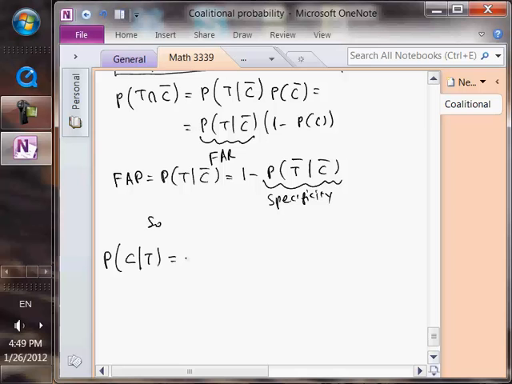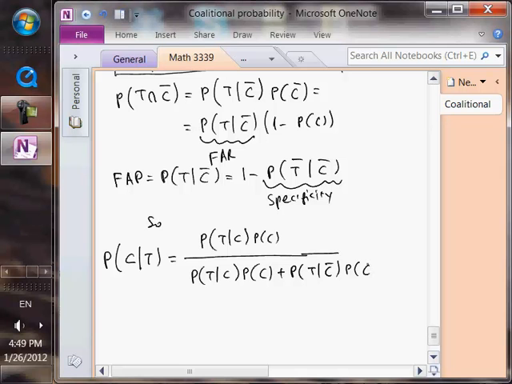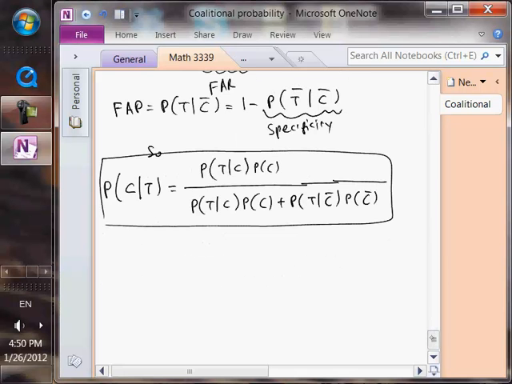So, this one, and that's Bayes' rule. And I will keep it like this because it's easy to memorize. That's Bayes' formula. Now, the denominator essentially is the following: P of T is equal to this.